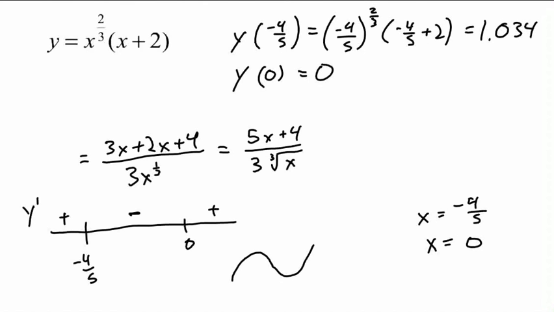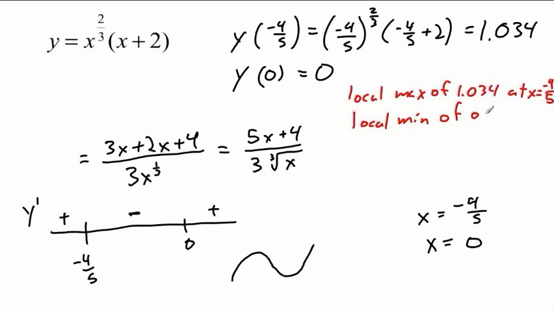So my answer is, I will have a local max of 1.034 at x equals negative 4/5. And then I will have a local min of 0 at x equals 0.